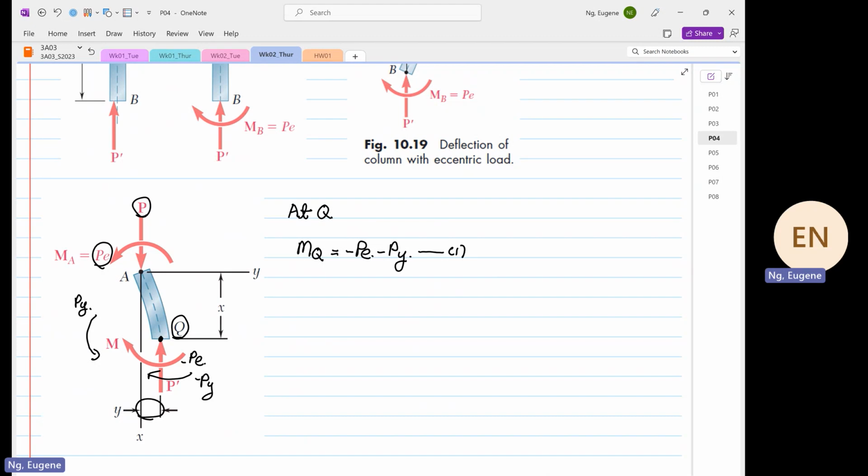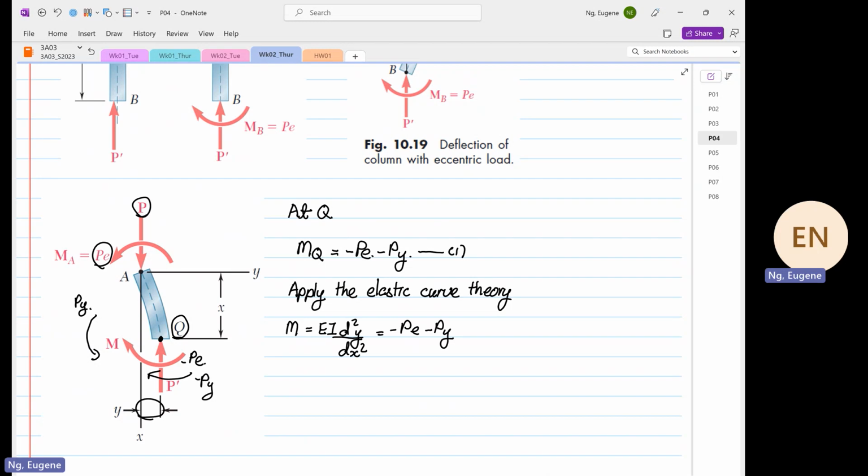Like what we have done before, we are going to apply the elastic curve theory. We know that moment is equal to EI d squared Y over dx squared, and the whole thing will be equal to minus PE minus PY.